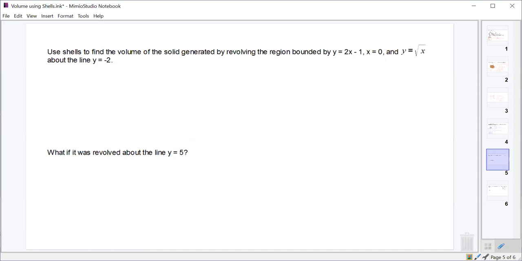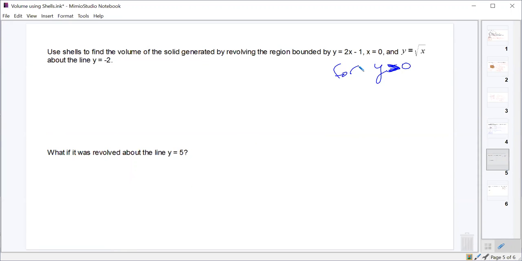I want to bound this by 2x minus 1, x equals 0, y equals 0, and also by y equals. We're just going to make our lines easier. We're going to say for y greater than 0.